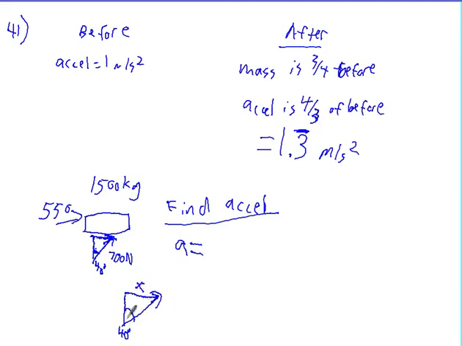Because it is opposite of the 40-degree angle, we have sine of the angle equals opposite over hypotenuse. And what's the hypotenuse? It's 700. So sine of theta equals x over 700 newtons. So bring that 700 over: 700 newtons times sine of the angle equals x. By the way, that angle is 40 degrees.